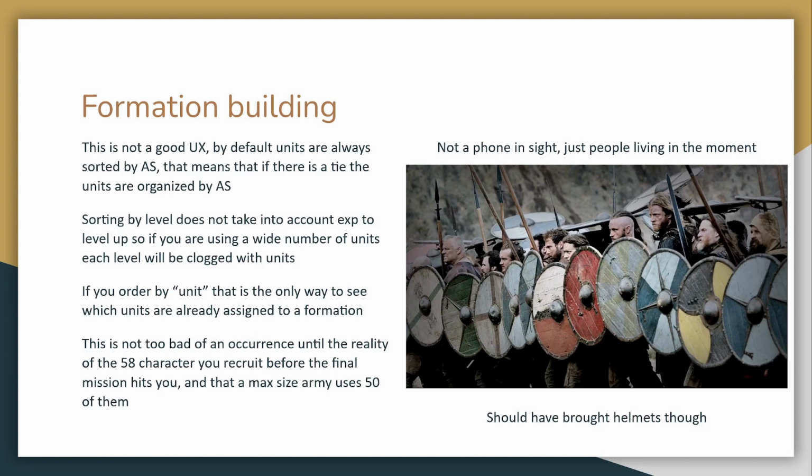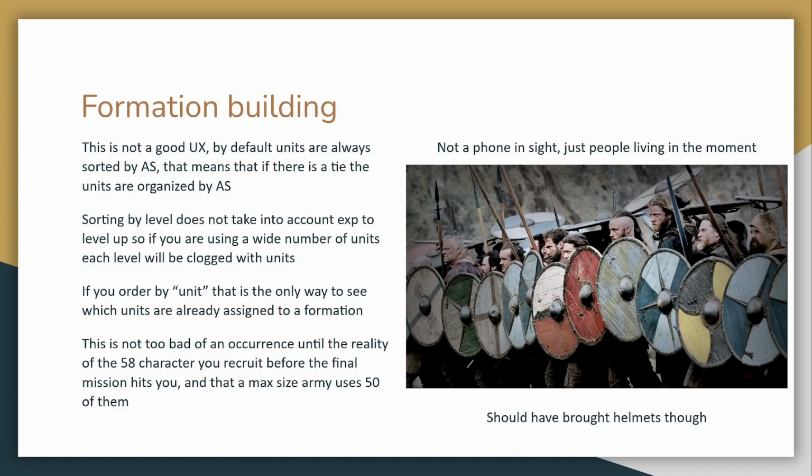So if you're using a wide number of units, each level will have all the units at that level, all in a big row, not based on class or alphabetized. It's instead based on when you grab the unit, which can become very confusing because you have one elven archer on the top of the list, one in the middle, but you're looking for the werebear, but when did you grab the werebear?